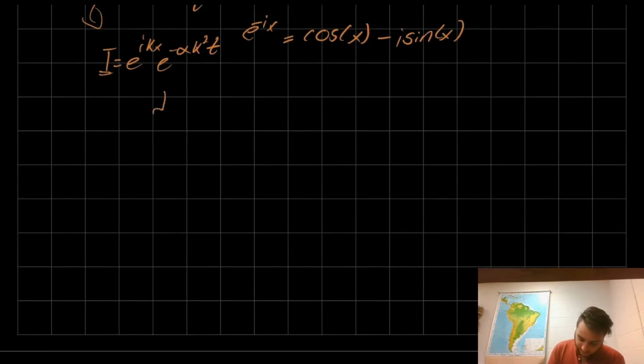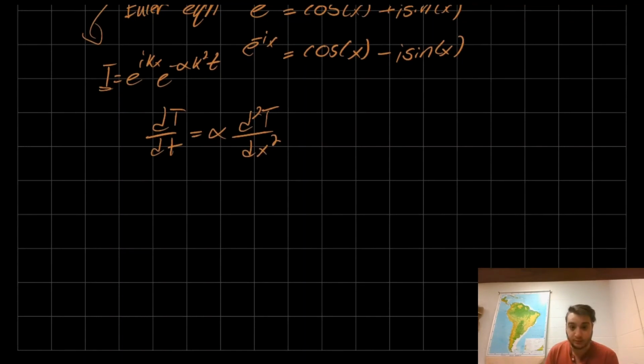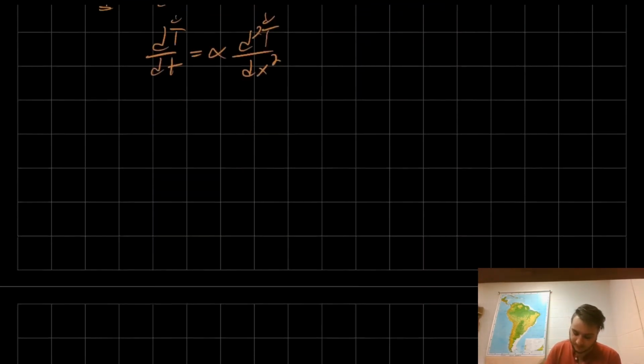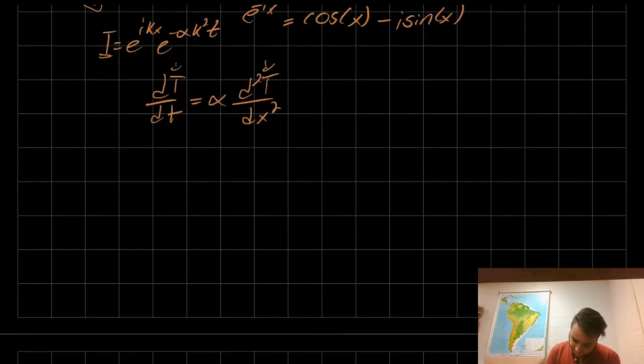So we're going to write out our heat diffusion equation. dt is equal to alpha, the second derivative of t over d of x squared. And we're just going to plug in this t value into both of these t's. Right there. So let's write this in blue. I like blue. So what we do is we have to take the derivative with respect to t in this.